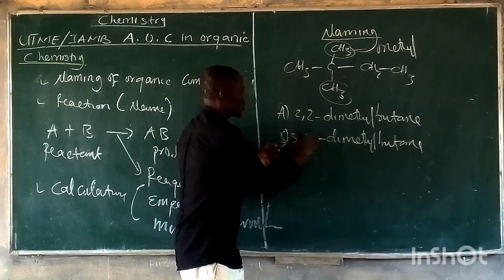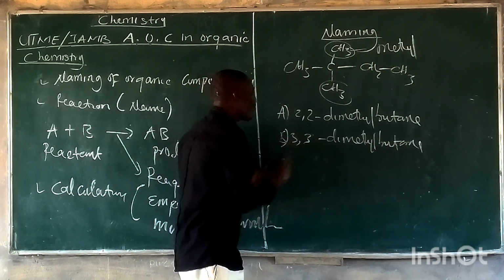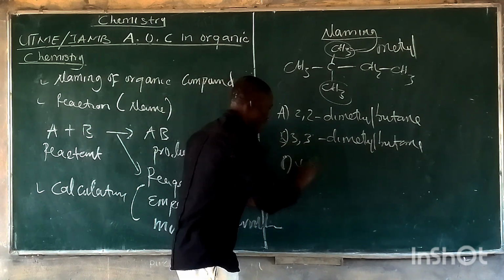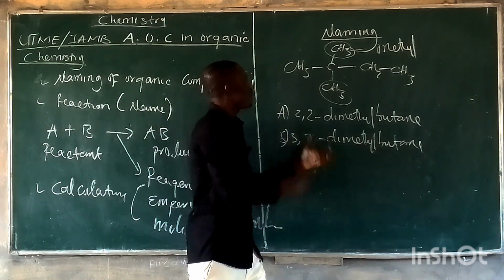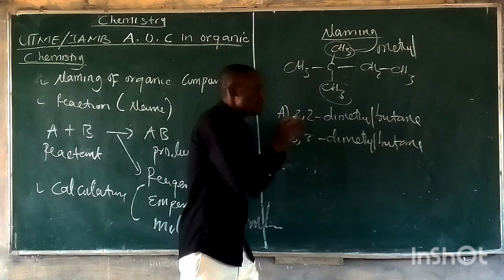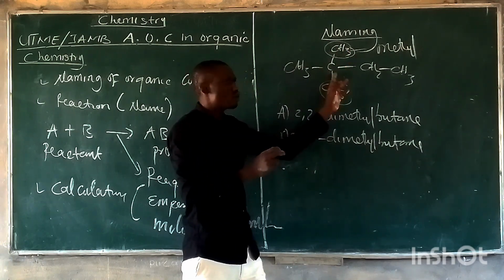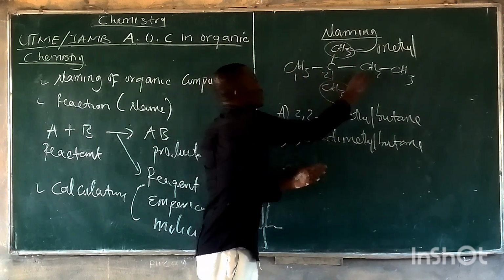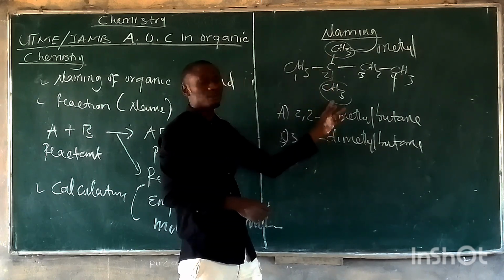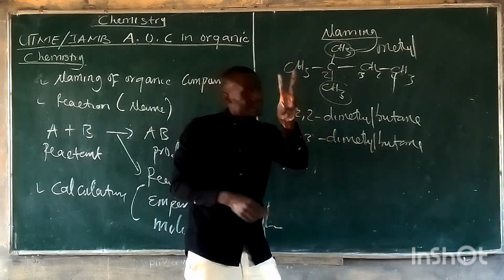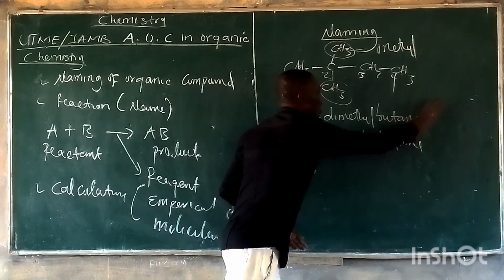So I have to count from here: 1, 2, 3, 4. It is 2 for this methyl and 2 for this methyl, so 2,2-dimethylbutane. This is the correct answer.